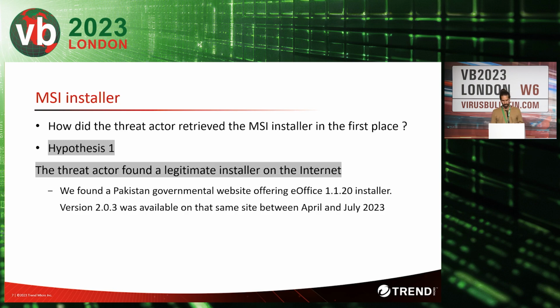Also interesting is that after we published our report in July, we noticed that the Pakistan government removed the link to the downloadable version that we had found before. This confirms that it is not supposed to be publicly accessible.